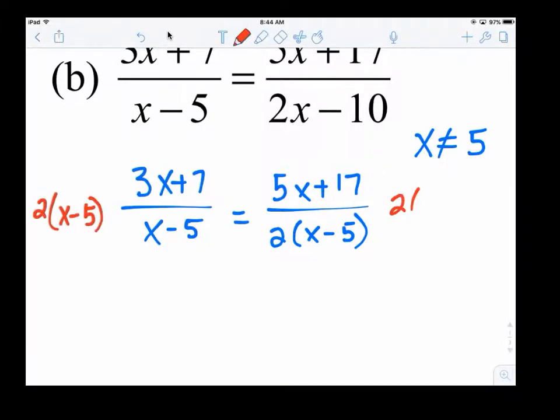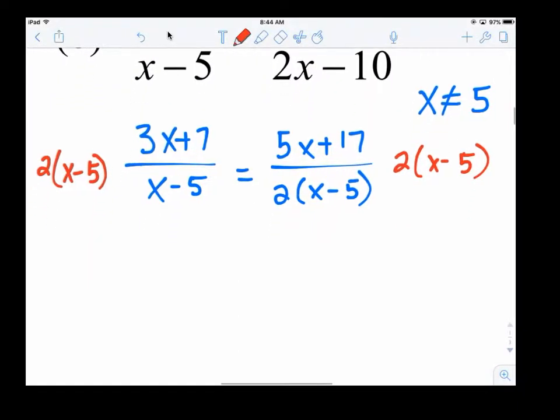2 times x minus 5. When you do that, this here is going to cancel that there, and you're just left with 2 times 3x plus 7. And on the other side, what are you left with?